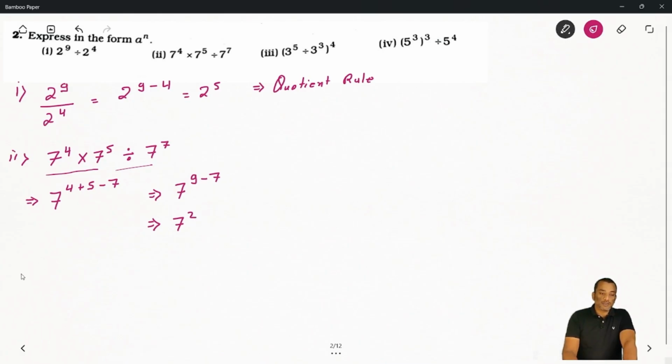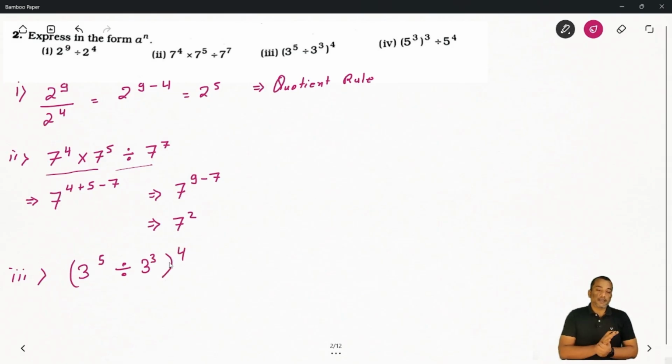Now next one, third one. So third one, it is saying that 3 to power 5 is divided with 3 to power 3, and whole is 4. So again here most of the students will make the mistake. Again you have to follow the BODMAS rule. So first you have to solve the bracket.